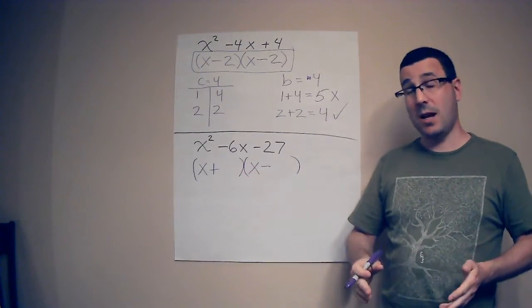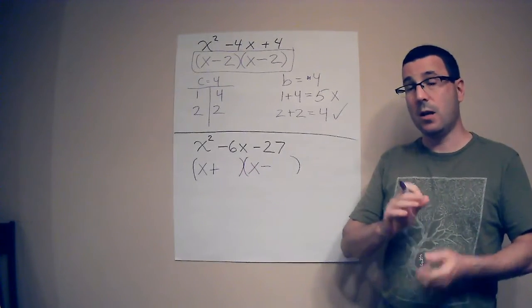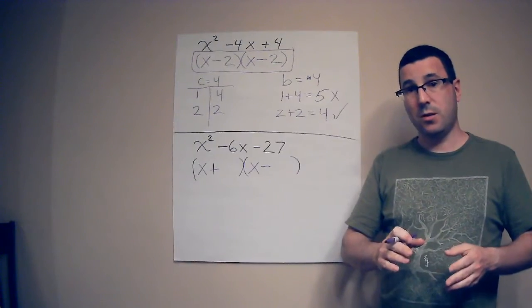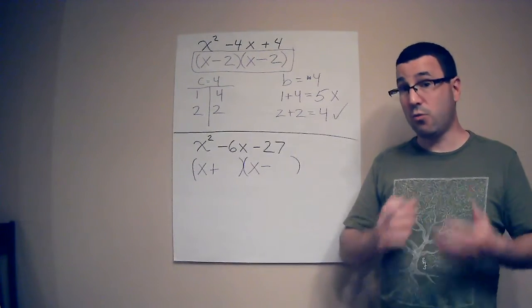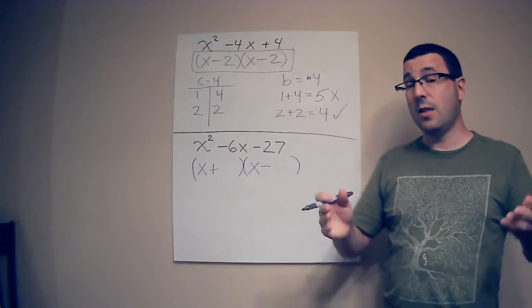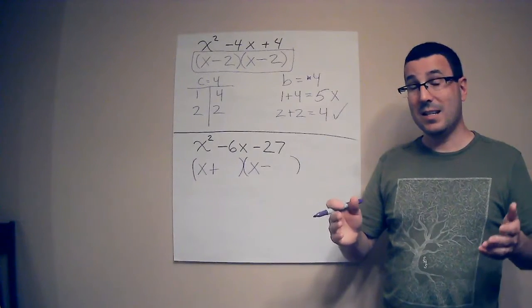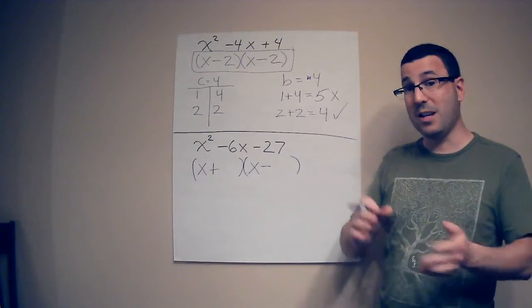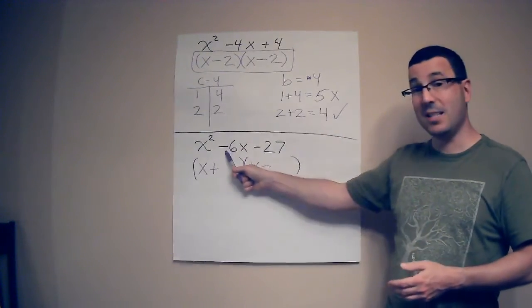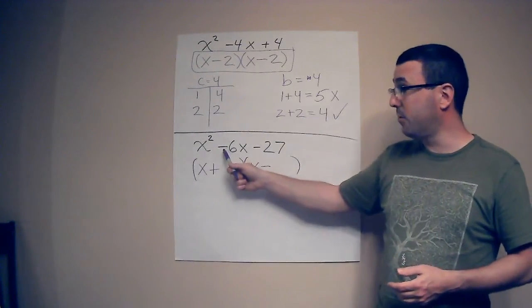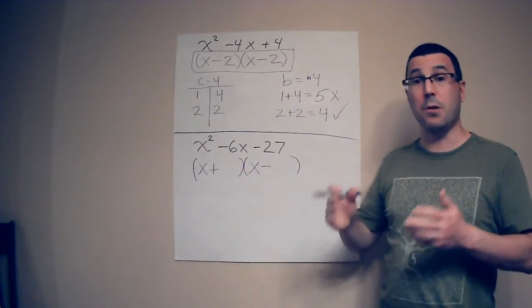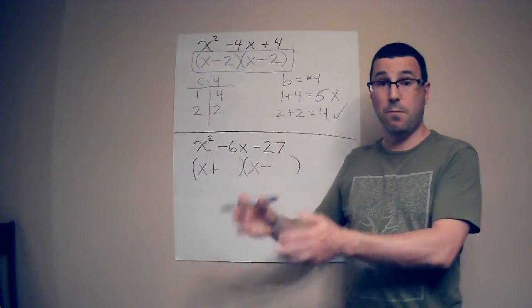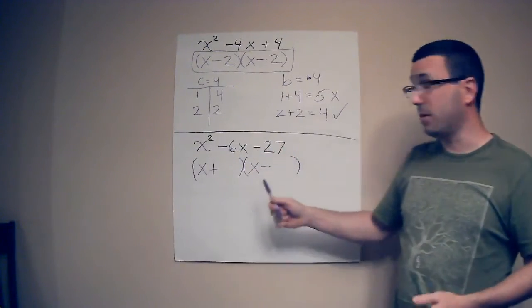So now what I need to do is say, okay, I need two numbers that when I subtract them, they're going to give me a 6. And whichever one is bigger is going to go, in this case, in the negative. Now, if this was a +6, I would say the bigger number is going to go where the plus is, the parentheses with the plus.